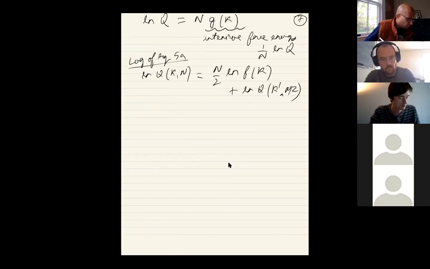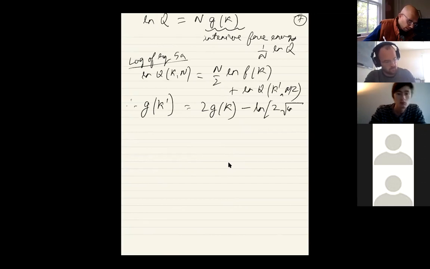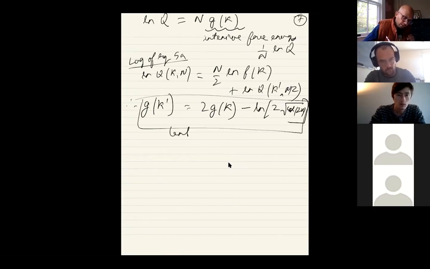And if you put in the formula for g of k, this directly gives us that g of k prime is equal to 2g of k minus ln 2 hyperbolic cos of 2k. And this equation is the central one. I told you the first one was the Kadanoff transformation, and this is the central renormalization group equation for the 1D Ising model.